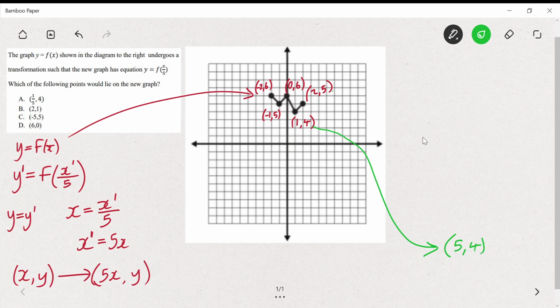And this point here would translate to being the point 10, 5.